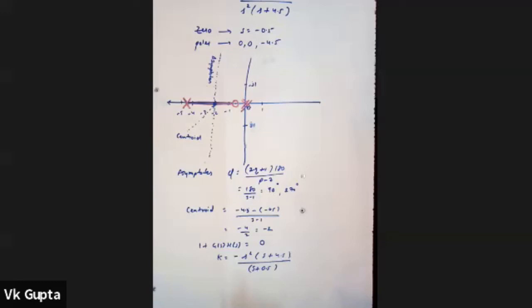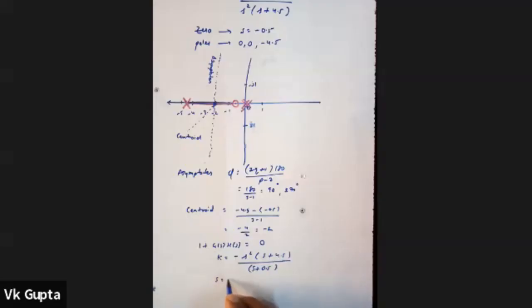Anybody with the breakaway point? Minus 1.5 and 0, sir. Yeah, that's correct. 0 and minus 1.5. And 2 you will get: minus 1.5, minus 1.5 and 0.